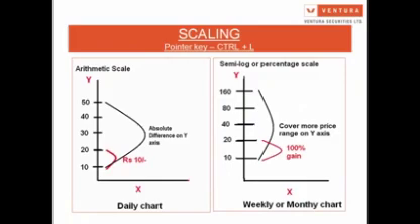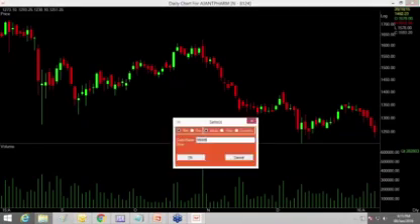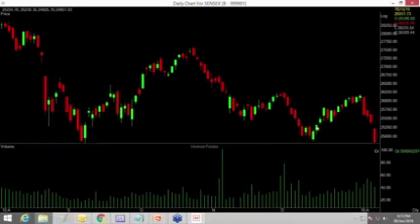Now we will see the difference between these two scales in the price chart. See, in the pointer terminal you can change the scale by clicking on the right side of this.